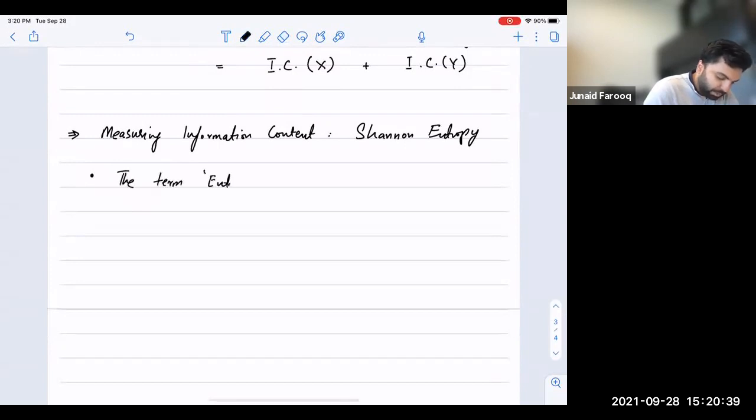Right, so if you study thermodynamics, they will tell you the level of disorderliness in a system, or how disorganized a certain system is, can be measured using the entropy of the system. And the same thing applies when we apply this to random variables. So the more surprising or disorderly a random variable is, the more entropy it has.